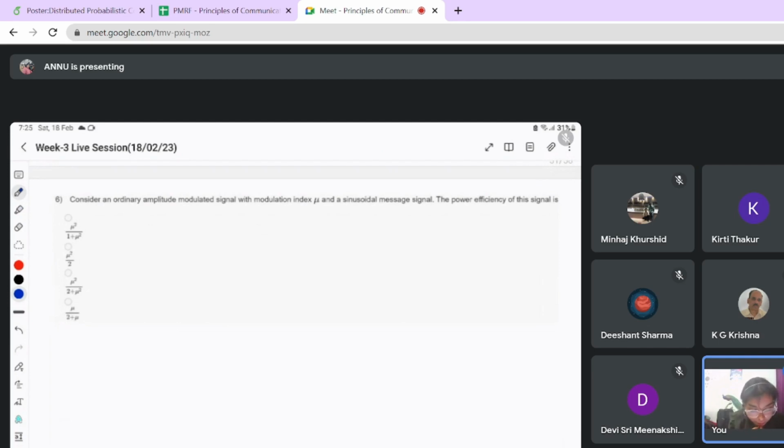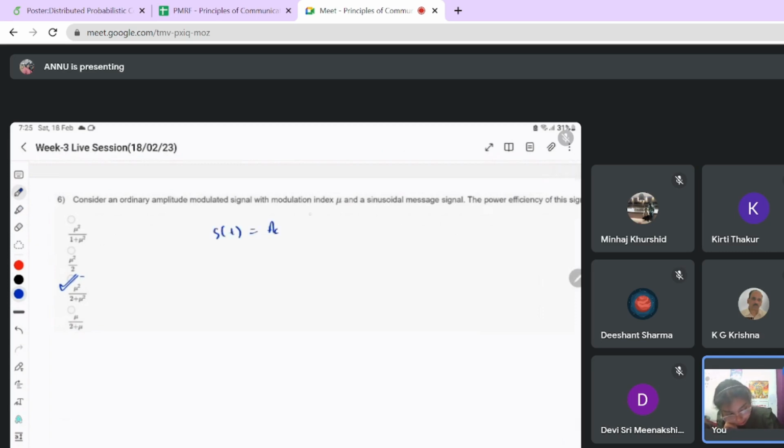The power efficiency of the signal is option C. Sometimes the expression is not asked directly, so remember s(t) = A_C(1 + k_a m(t)) cos(2 pi f_c t), and mu = k_a times the modulus of m(t).